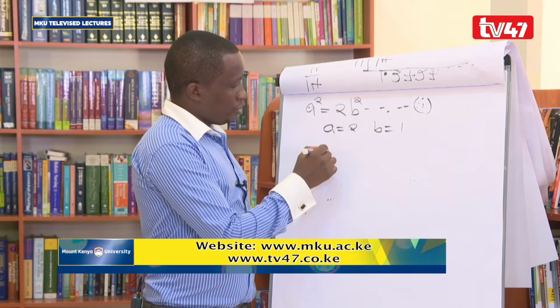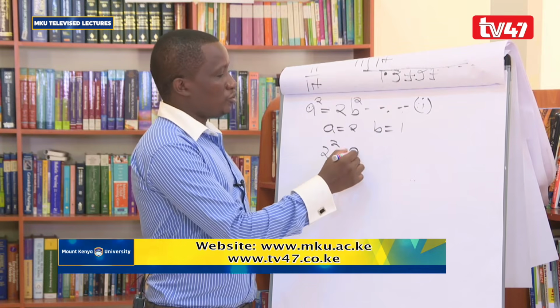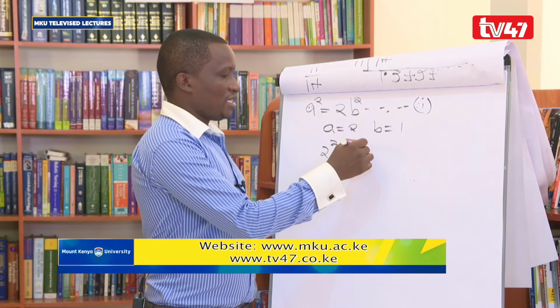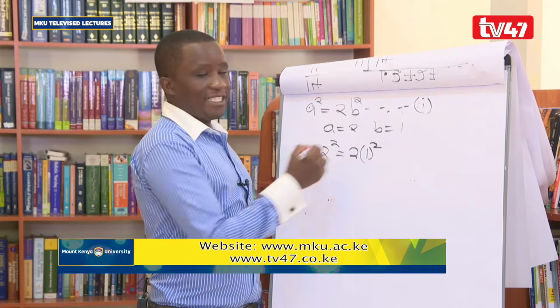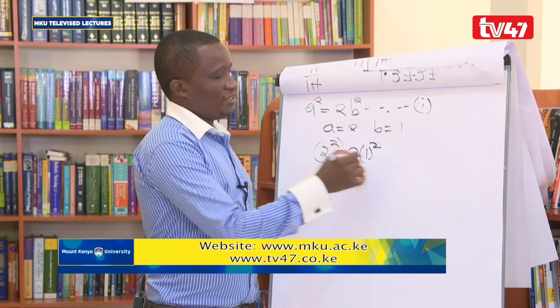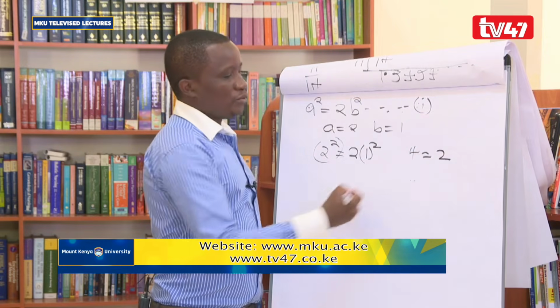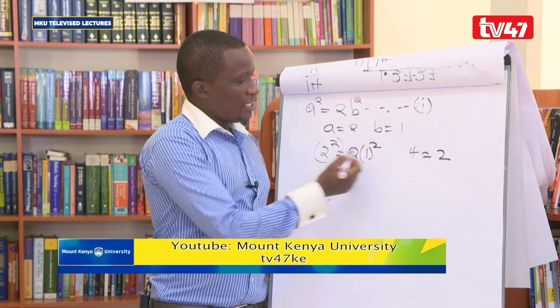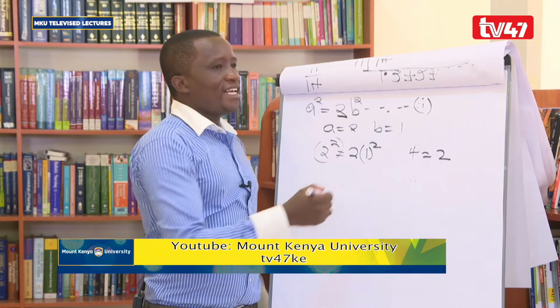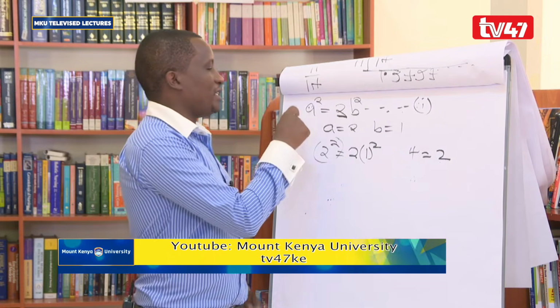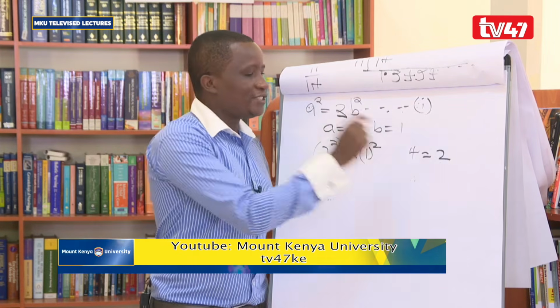So if 2 squared is equal to 2 times 1 squared, then it means that this result, which is 4, is divisible by 2. This 2 makes sure that any result we get for squaring a has to be divisible by 2.